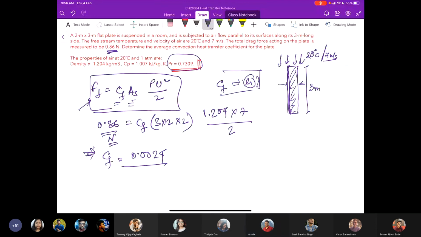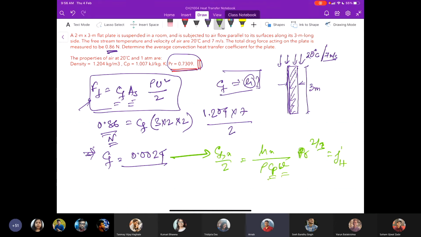Now, if you look at the modified Reynolds expression that we have just derived, it equals Hx divided by rho Cp V multiplied by Prandtl number to the power 2/3, which is also Jh. So here you replace this value.